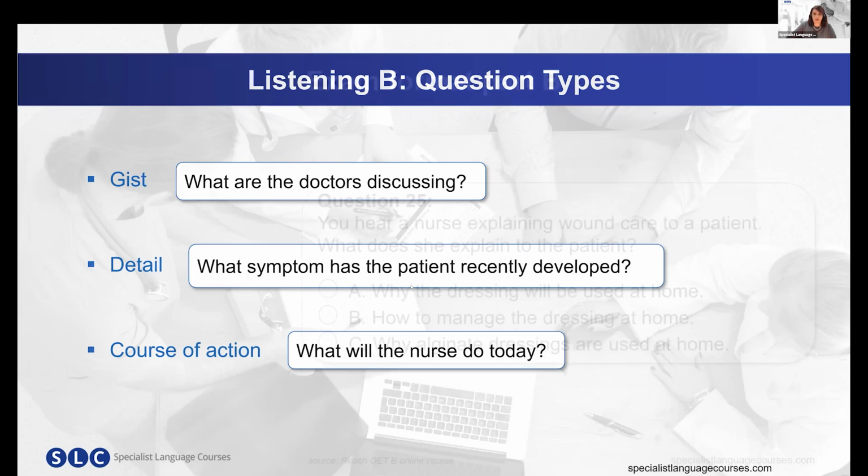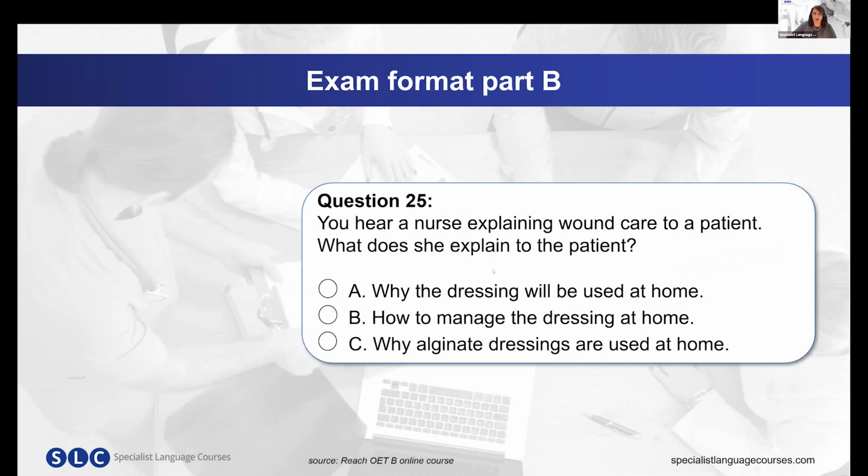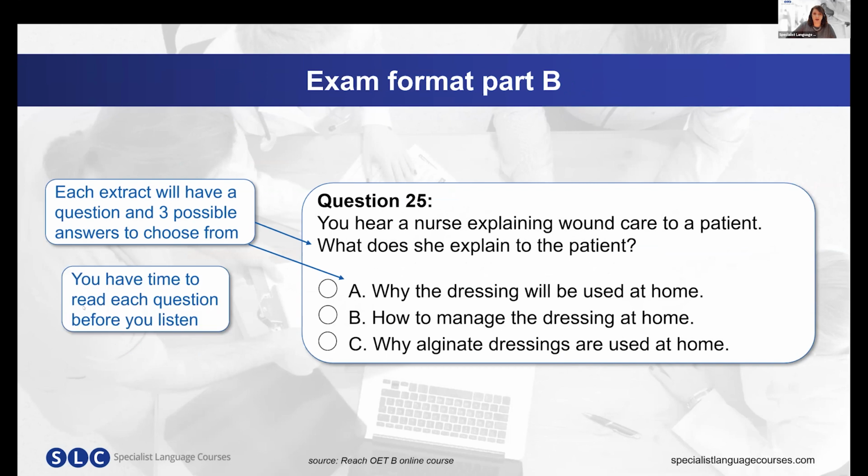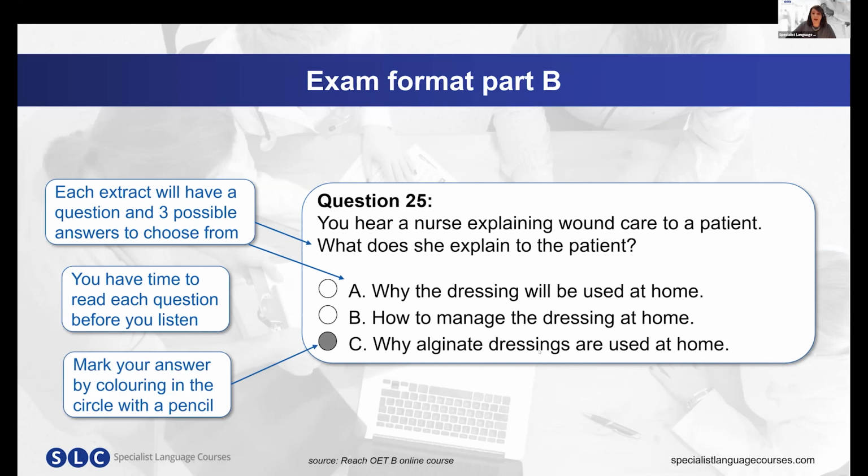Looking at an example question, this is what your question will look like. You will have a question and 3 possible answers. You have time to read each question before you listen, so you've got time to read through and apply your strategies. On the paper-based test, you mark your answer by coloring in the circle with a pencil.